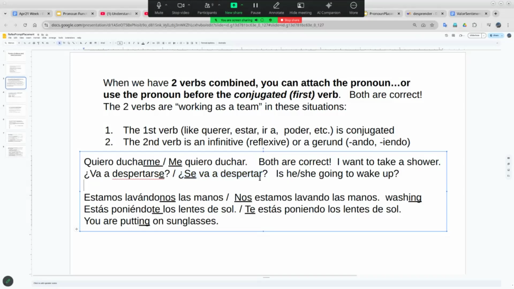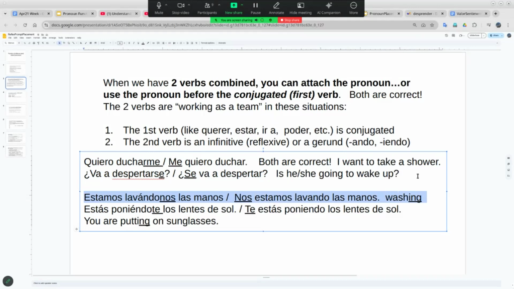These are examples where we have infinitives, an AR, ER, IR verb, a non-conjugated verb. But if I've got two verbs working together, instead of being verb plus infinitive, it might be verb plus a gerund. And here's how it looks in those situations. Estamos lavando. We are washing.